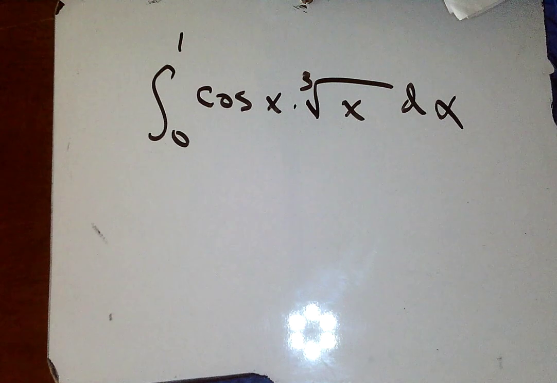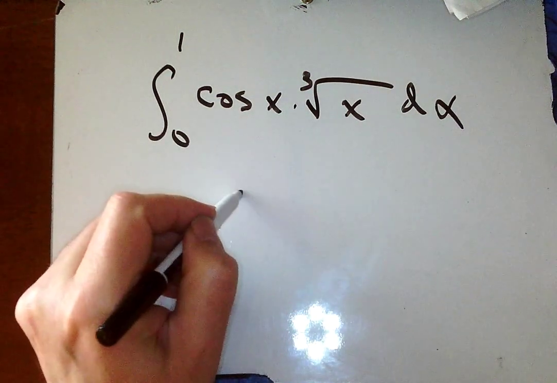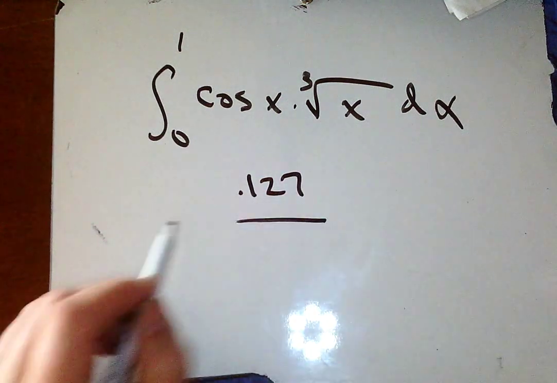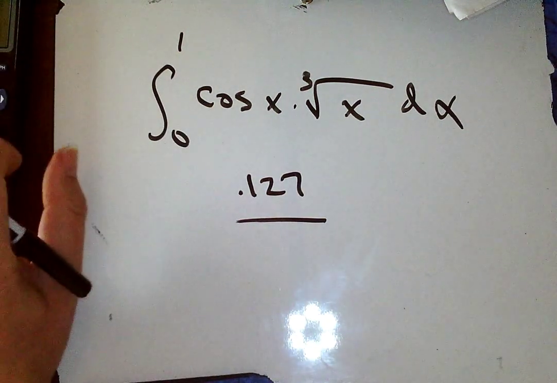Don't forget to close that parenthesis. x, 0, 1. And I get 0.127. All right, so that's something we need to be able to do.